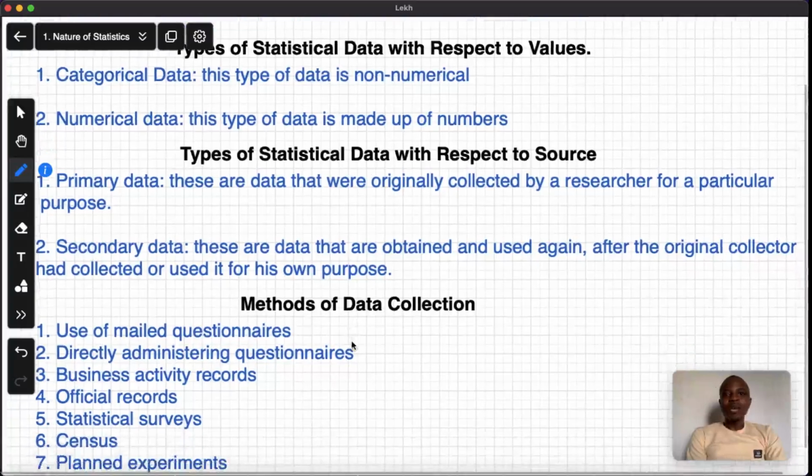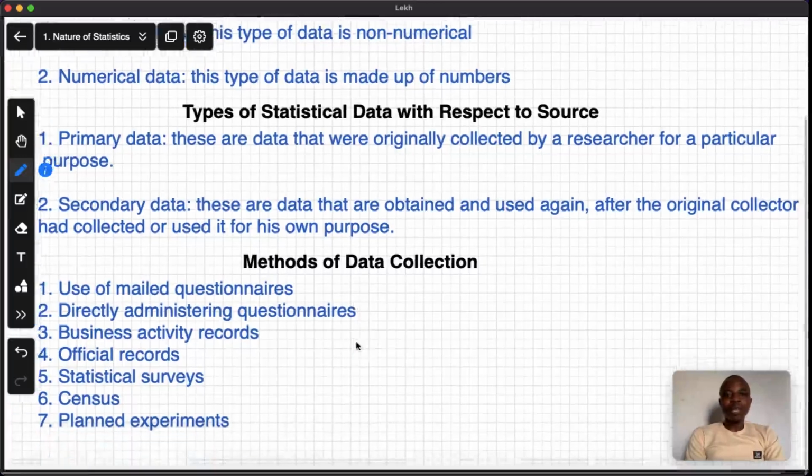This type of data is data that is obtained and used again. So it had been collected by somebody before, but after the person has used it for his own purpose, somebody else is now obtaining it and using it for another purpose. So that's secondary data.